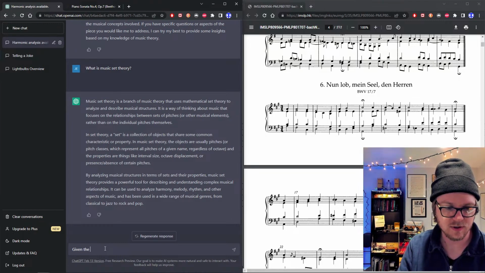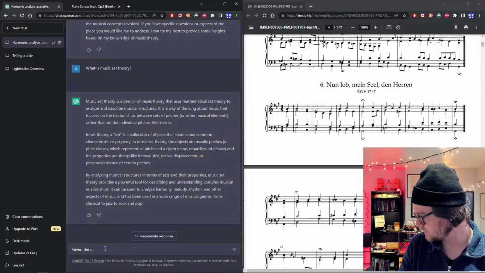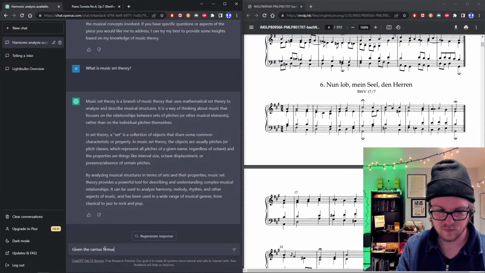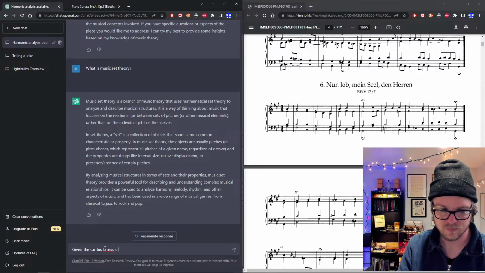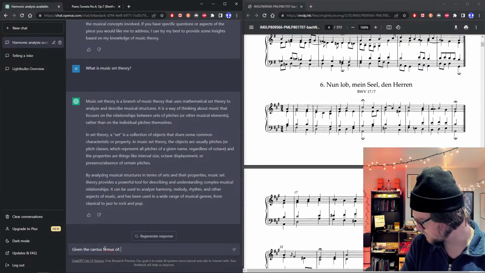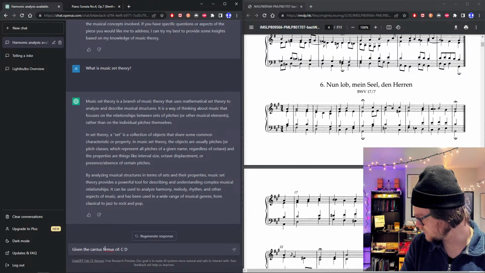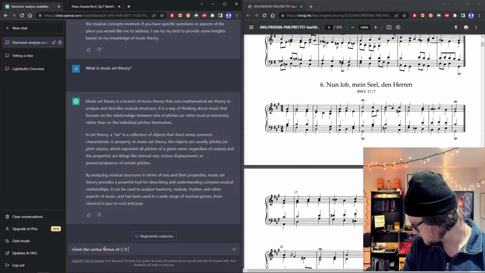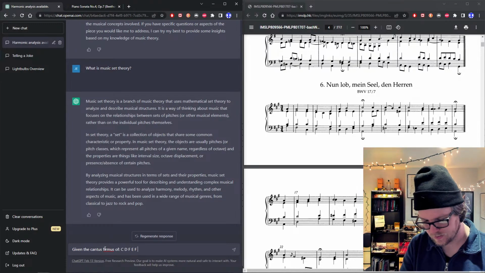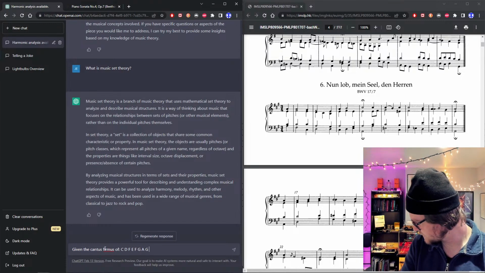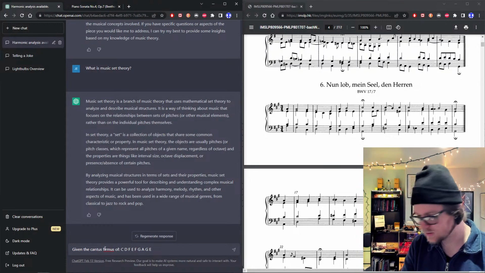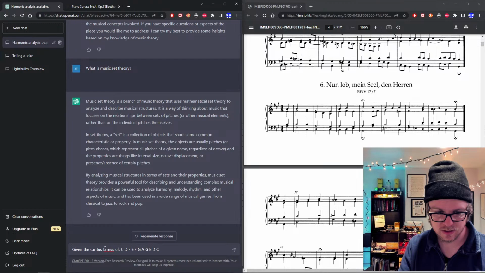Given the cantus firmus of C, D, F, E, F, G, A, G, E, D, C.